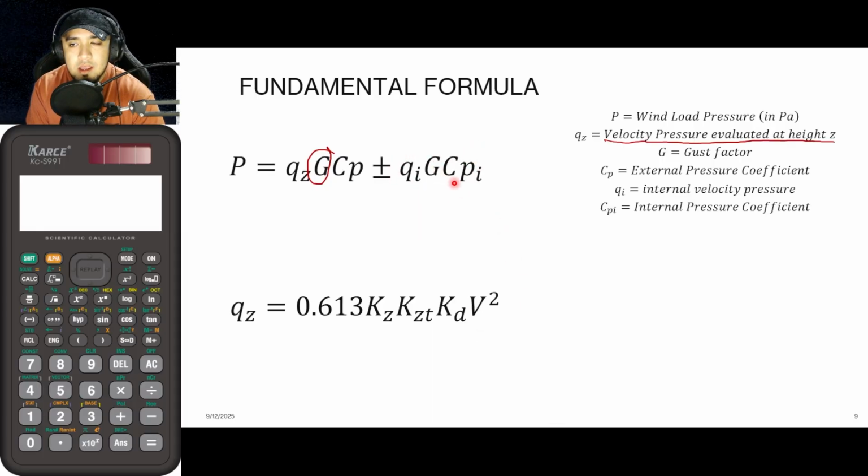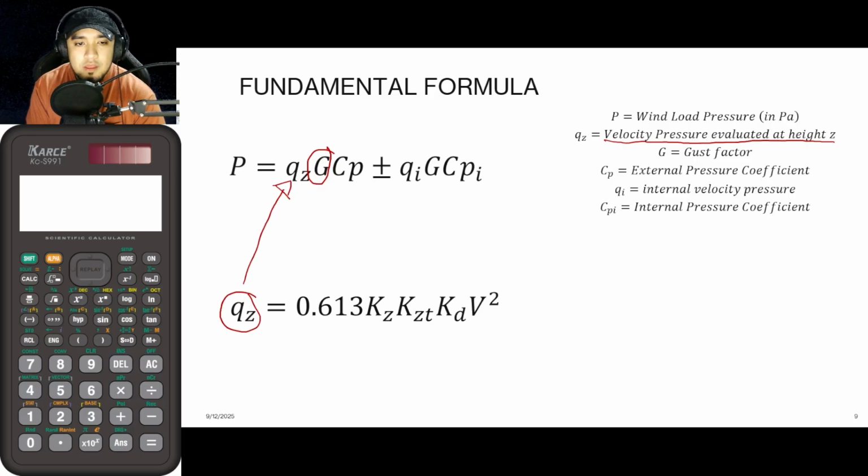Cpi is the internal pressure coefficient. I will be explaining these to you as we go through the video and the lecture. Again, we need this equation in order to solve for that equation, because as you can see, qz is to be used in this equation.